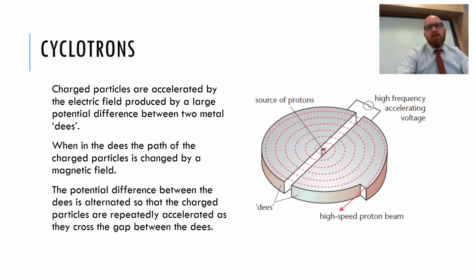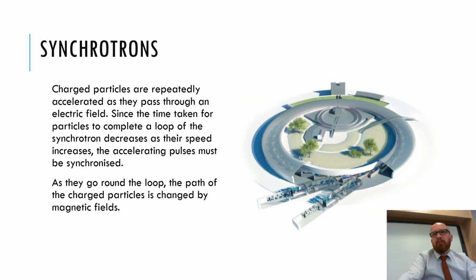The potential difference between the Ds is alternated so that the charged particles are repeatedly accelerated as they cross the gap between the Ds. So one side is always negative, one side is always positive, and as they pass through that gap in the middle, they accelerate. And the magnetic field is used to keep it flowing in a circle. It spins them up, gets them really fast, and then fires them at the end. And the last one is known as a synchrotron.